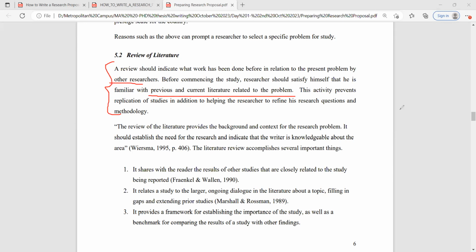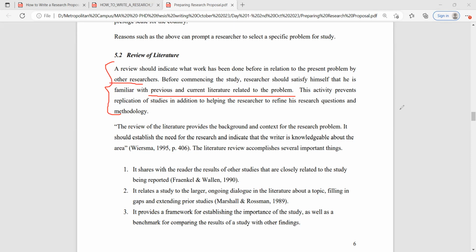This activity prevents replication of studies, in addition to helping the researcher refine his research questions and the methodology. Otherwise, maybe you will just repeat the same thing, because always remember, when you're doing research, you have to identify the new knowledge that is extremely needed. Identifying new knowledge is very much needed.